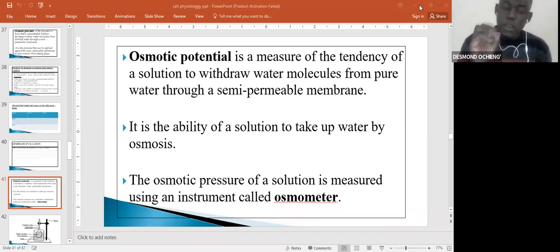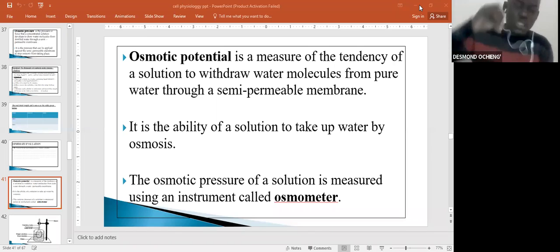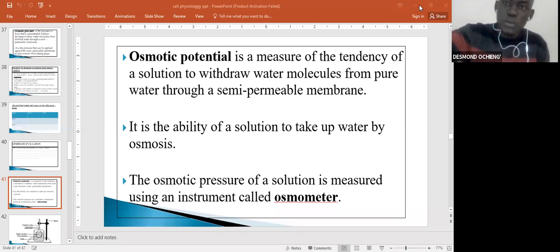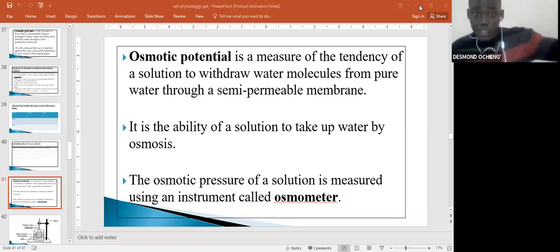Potential. Why do we say it has a high osmotic potential? Because it has the ability to draw water from a dilute solution. So you need to know that osmotic potential is what leads to osmotic pressure. Okay? I hope I have made myself very clear.